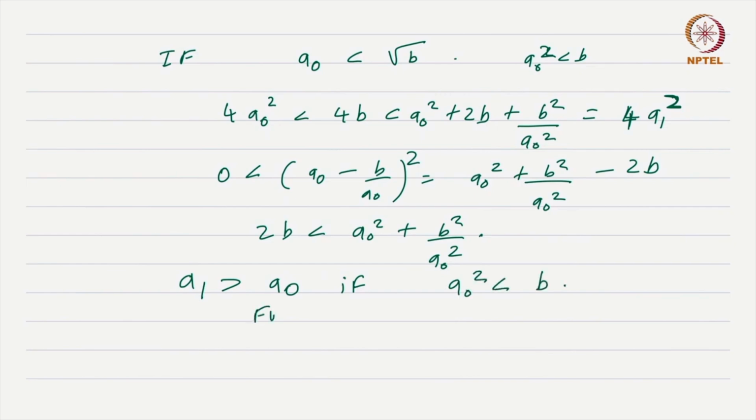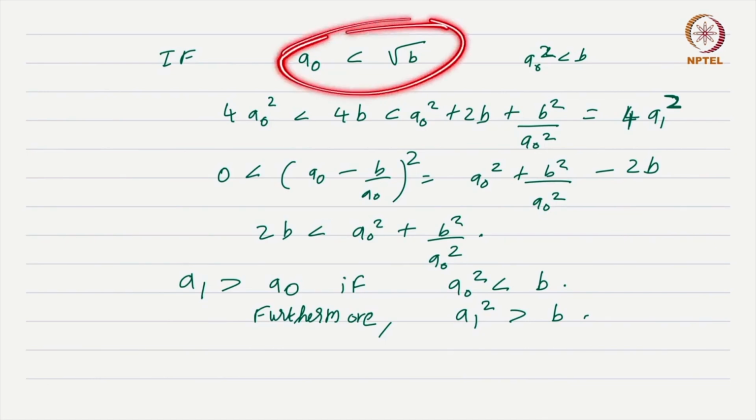Furthermore, a1 squared will be greater than b. Okay, so what happens is, once you apply Newton's method with an initial guess less than square root of b, the first iteration, the next value a1 will be greater than square root of b. So we move on to the previous case.